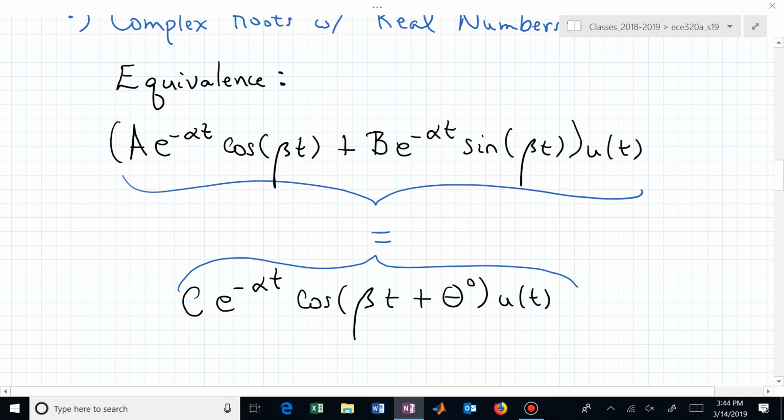We can draw this cosine and sine in orthogonal directions. And now we say, what's the angle associated with how much sine we have and how much cosine we have? And what's the magnitude of that cosine? Well, that's the hypotenuse associated with A and B. That will be discussed when we talk about this equivalence.